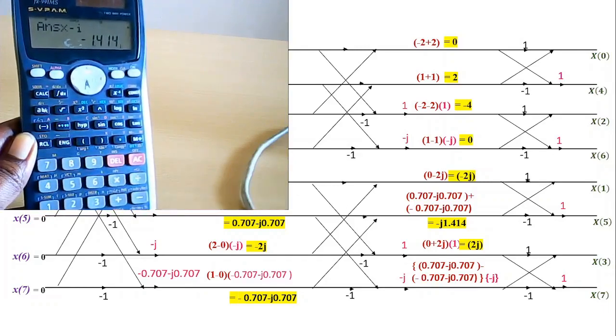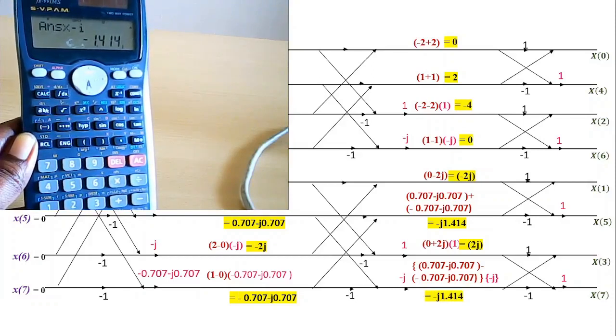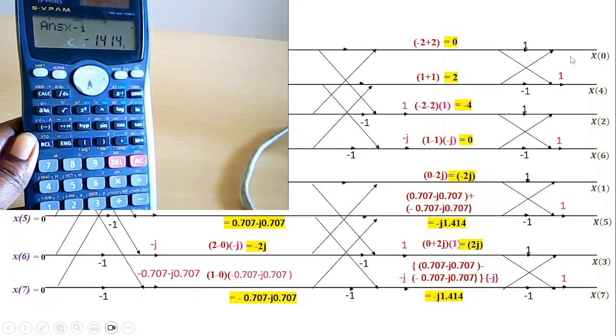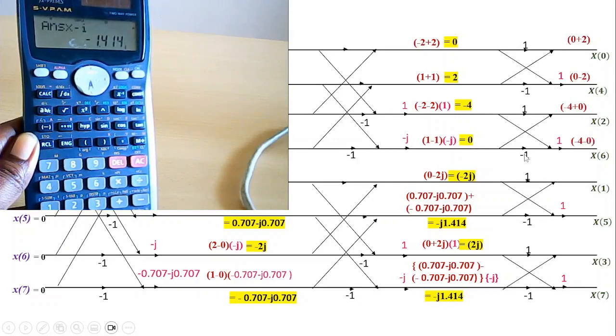So the value is minus 1.414j. The next one, here this 0 and 2, so 0 plus 2, the pair is 0 minus 2. Minus 4, 0, so minus 4 plus 0, minus 4 minus 0. Here it is minus 2j, and here it is going to be minus j 1.414.